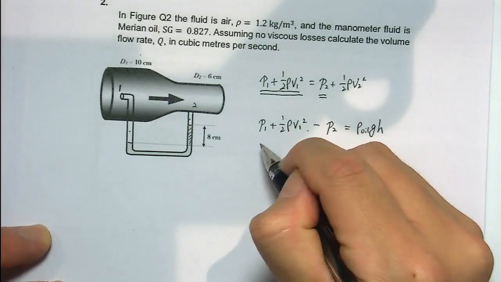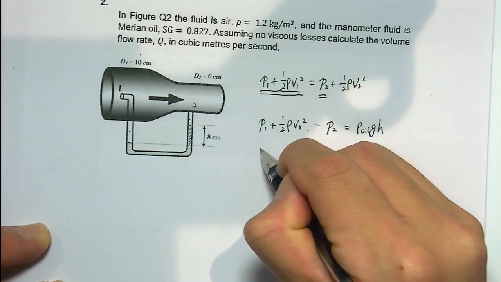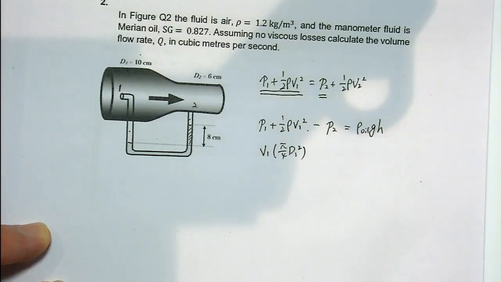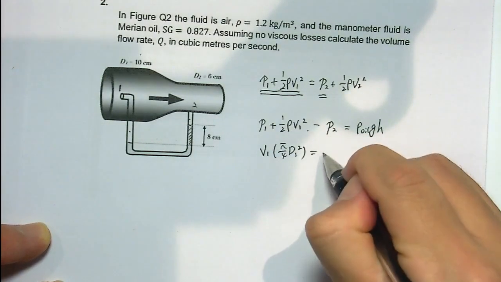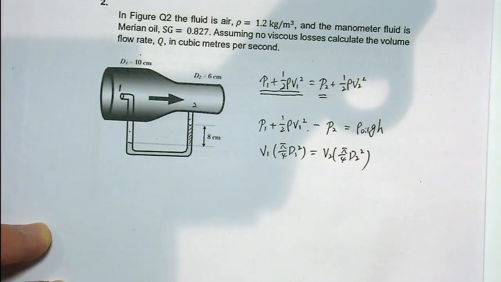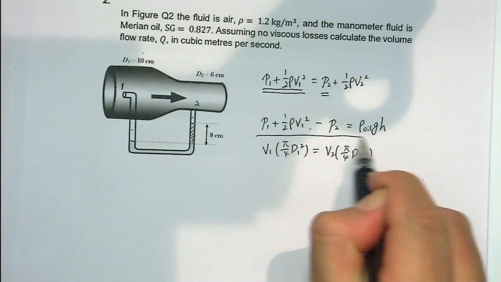So based on the continuity equation, V1 times the cross-sectional area A1 is equal to V2 times A2, d2 squared. We got the relationship of this. We link these two. So we could solve that one first.